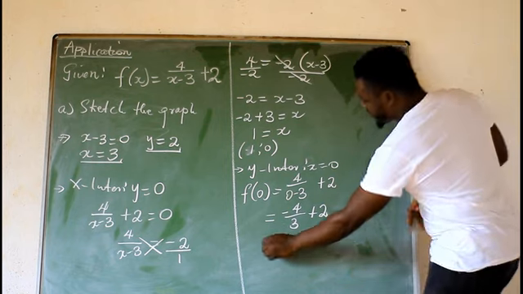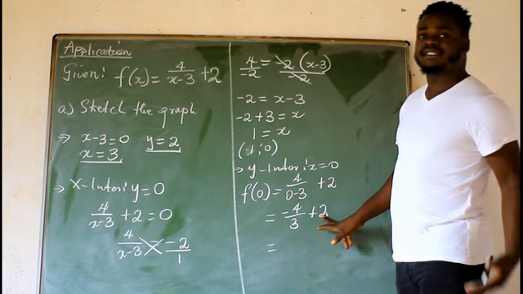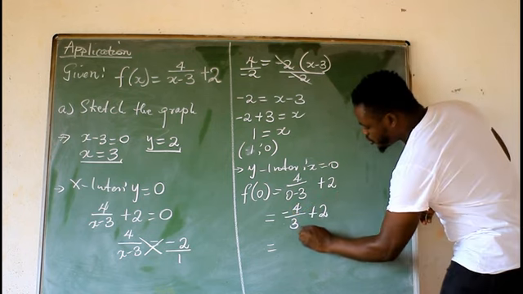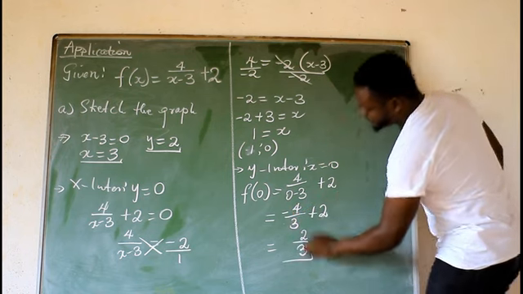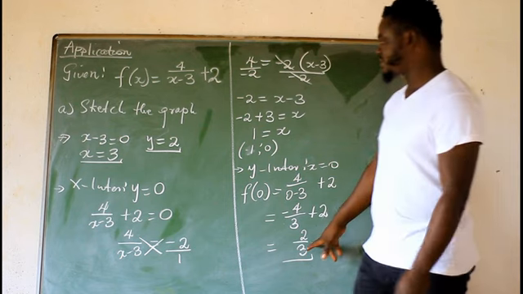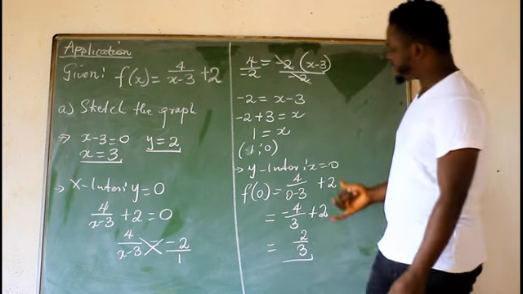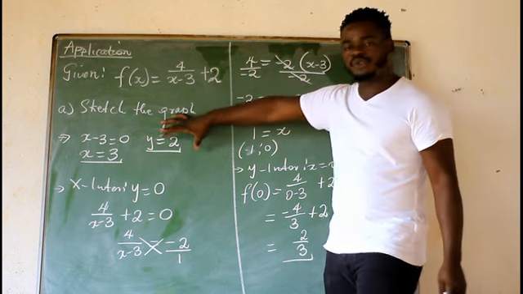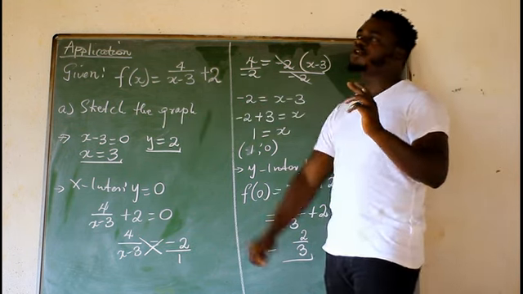Then 3 times 2 is going to be 6. 6 minus 4 is going to be 2 over 3. Now together, you have the x-intercept and the y-intercept, and together with the asymptotes, you must know that you can draw this graph.